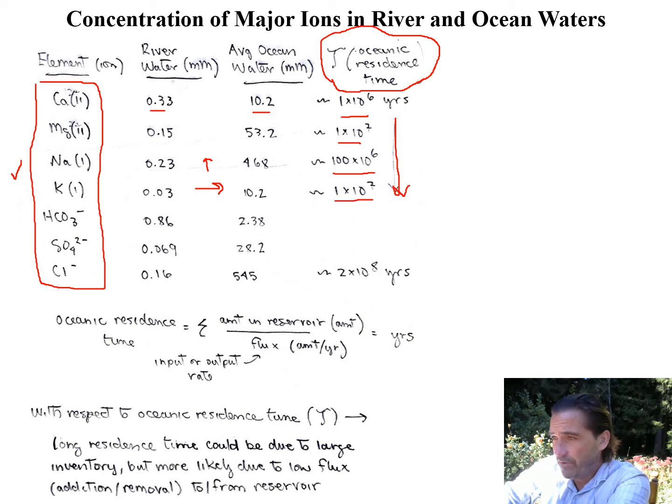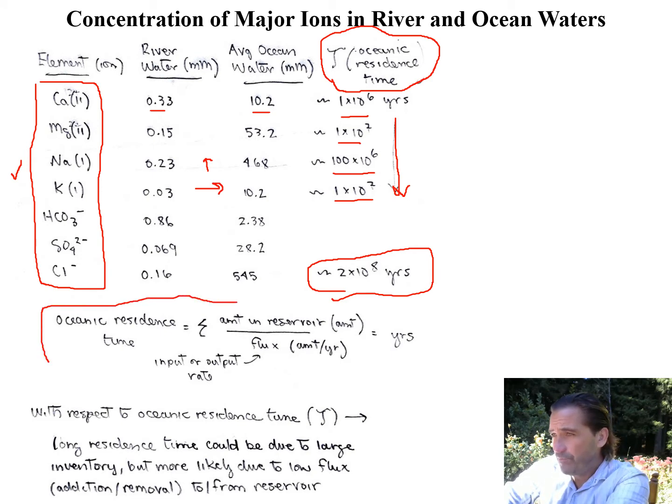And so we think of something like chloride. So we're talking 200 million years chloride on average spends in the ocean. And so you should be able to calculate oceanic residence times.